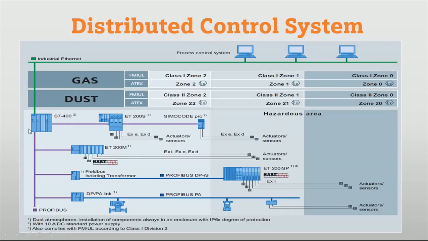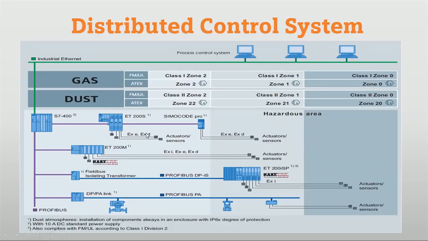Here the automation station is connected with extended terminals or distributed IO, and this distributed IO is connected with actuators and sensors. You can see these two areas, the hazardous or potential explosive area, and based on that we select the distributed IO.